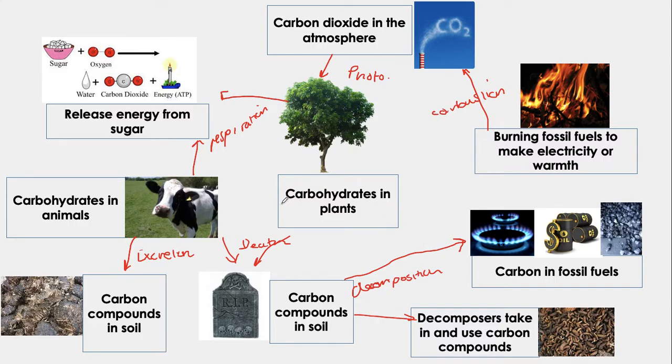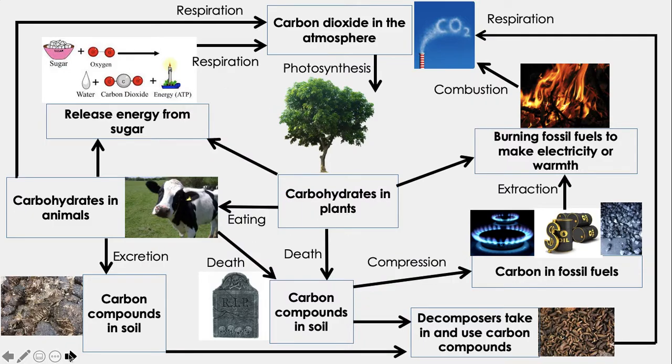And also carbohydrates in plants move to carbohydrates in animals through food chains. Okay, so that's bringing it all together. What you might be asked to do on exam questions is to name one of these labels.